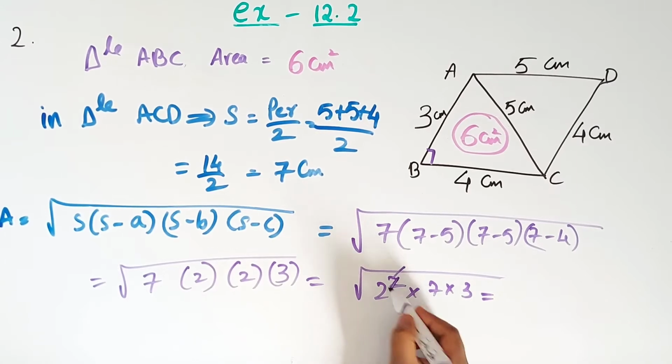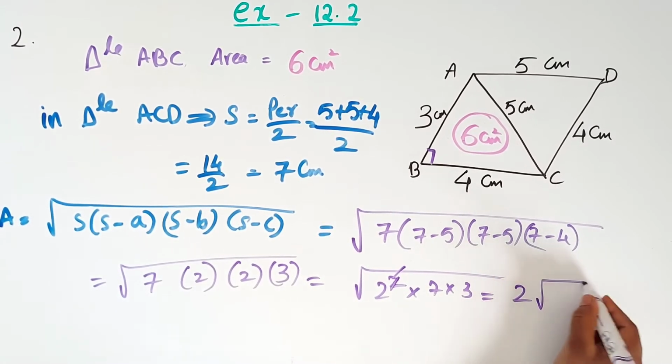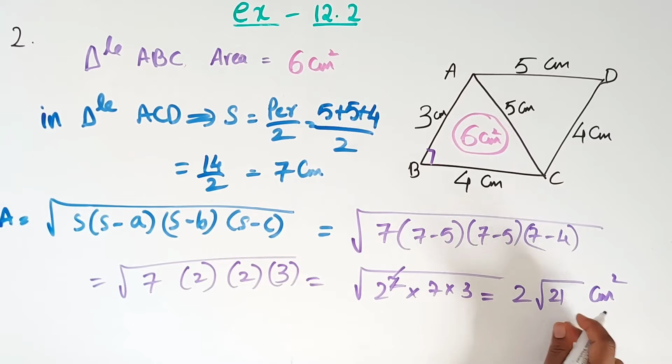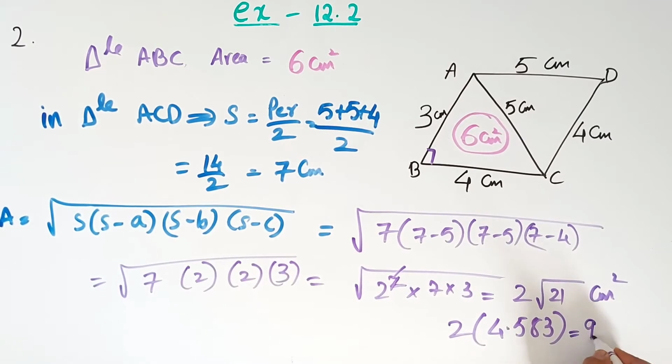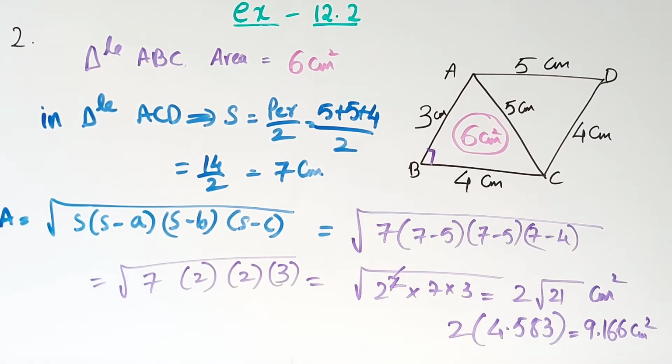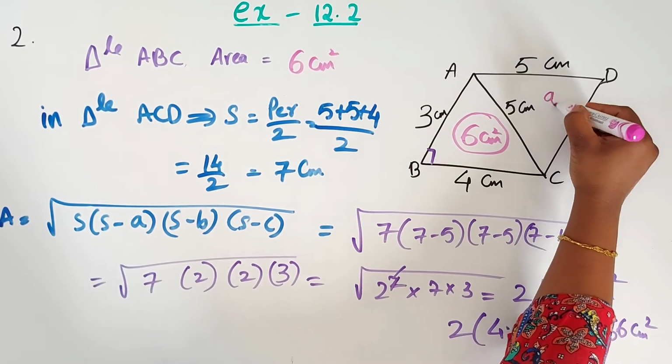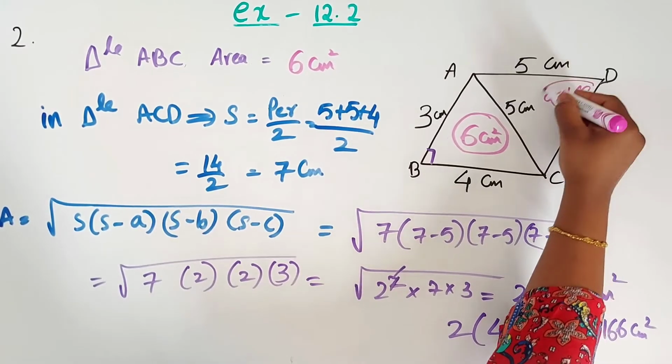Square and square root will get cancelled. So 2 outside and root of 21. Here root 21 is approximately 4.583, children. So 2 into 4.583 is root 21. So this equal to 9.166 centimeters square, children. So this triangle area is 9.166 centimeters square.